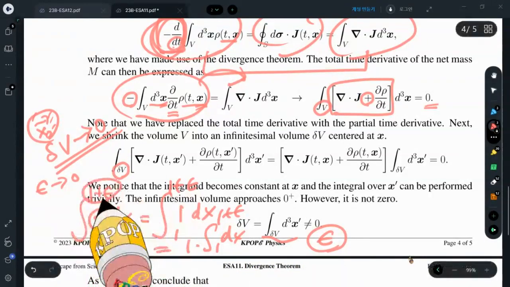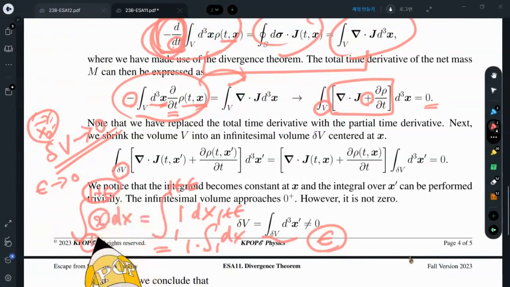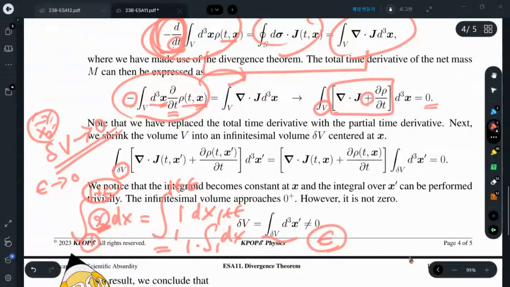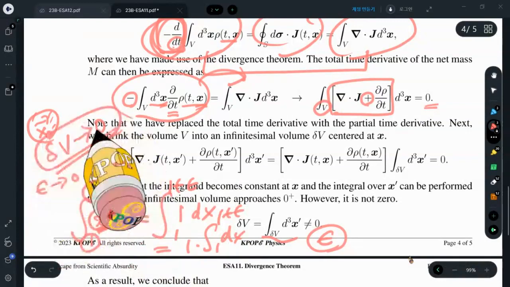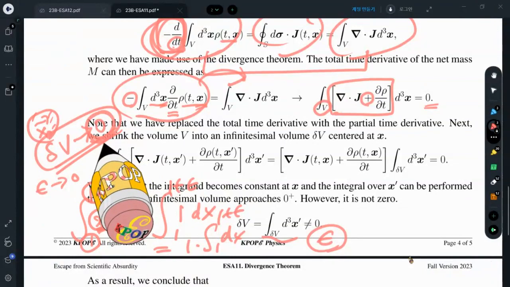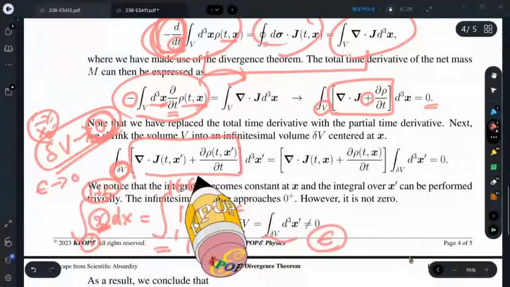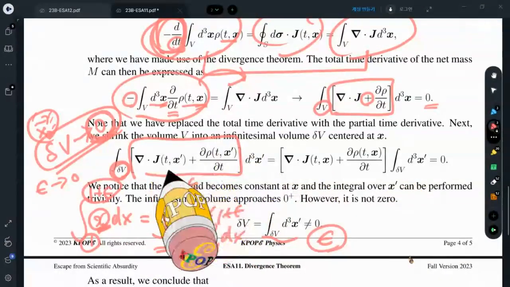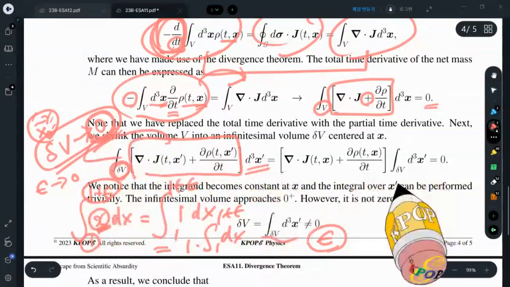Aha. If the lower limit and upper limit of an integral collapse to a single point, virtually the same point, then the integrand becomes a constant. That means if delta V is shrunk into a point, not exactly a point, but an infinitesimal region, then this integrand becomes constant. It can be factored out independent of this integral variable. So it is pulled out of the integral.